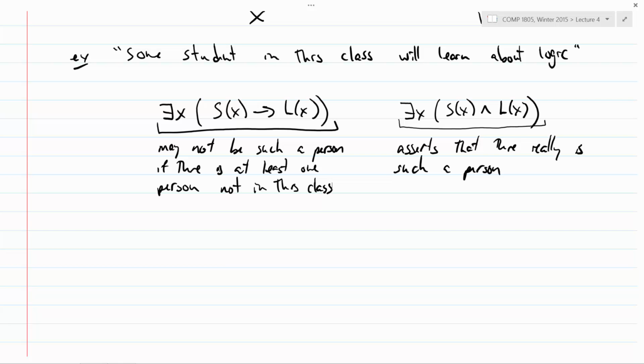Yeah? So usually when you're defining predicates, you do the same thing as with propositions. You try to say a single fact. Or in the case of predicates, it's usually a single property.